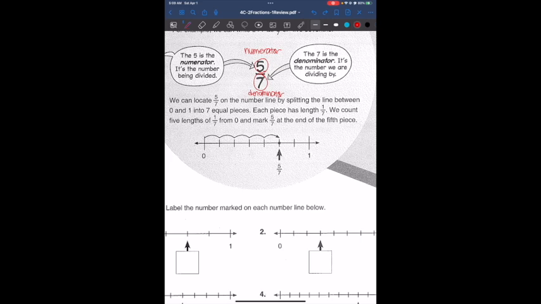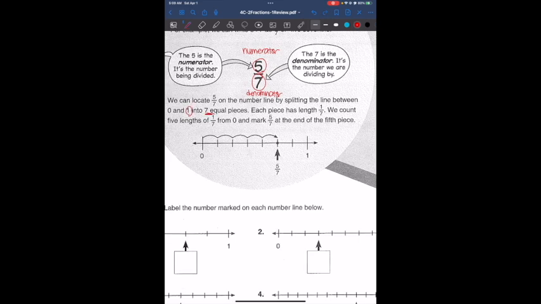And so we're splitting it into 7 equal pieces because our denominator is 7. And so that means that each piece has a length of 1/7. And so if we go 5 spaces or 5 times, then we're going to reach a point where we get to 5/7.